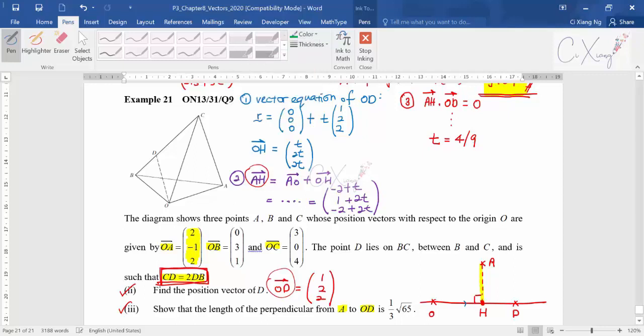After that, step number 4 is you need to substitute t equals 4 over 9 into the AH vector. If you substitute 4 over 9 into AH, you'll get some very weird values, but it's okay: negative 14 over 9, 17 over 9, and also negative 10 over 9.